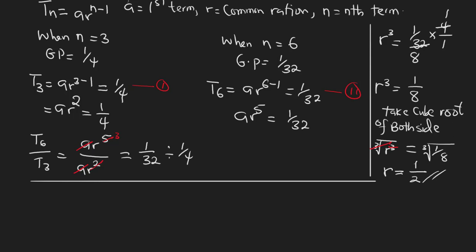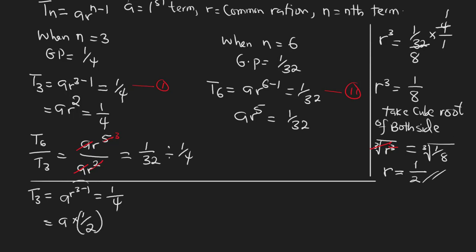So you know that T3 is equals to a r raised power 3 minus 1 is equals to 1 over 4, right? But we've gotten our r in this case. So this one is going to be a, and what is our r? Our r is 1 over 2, right? So a times 1 over 2.